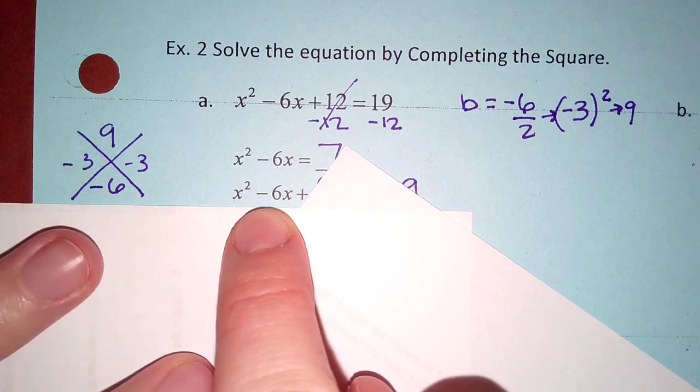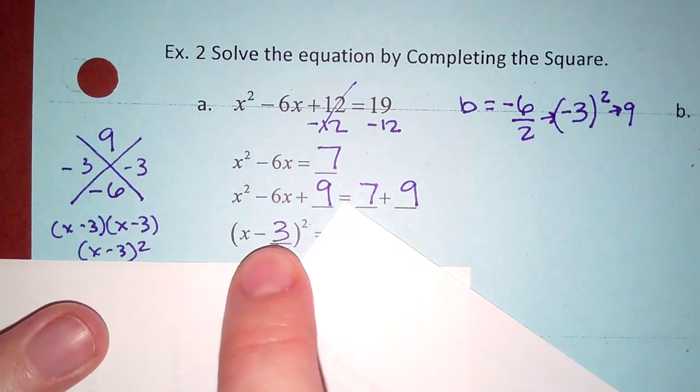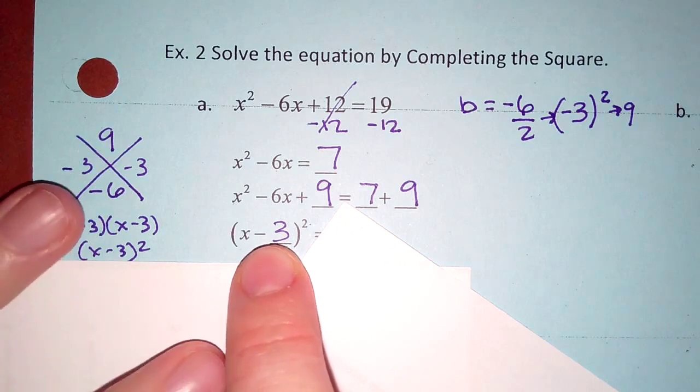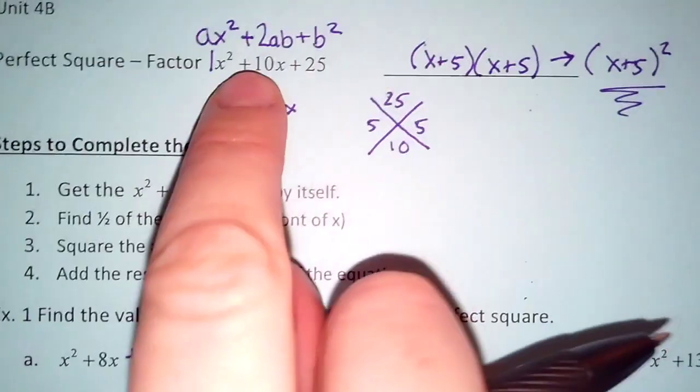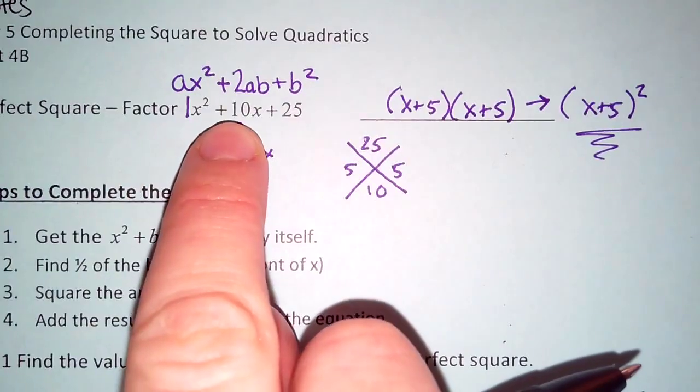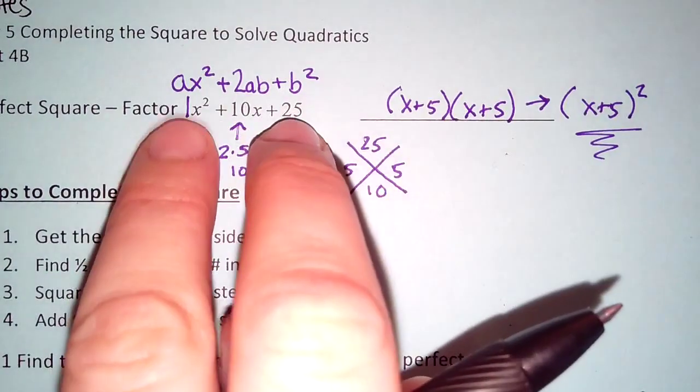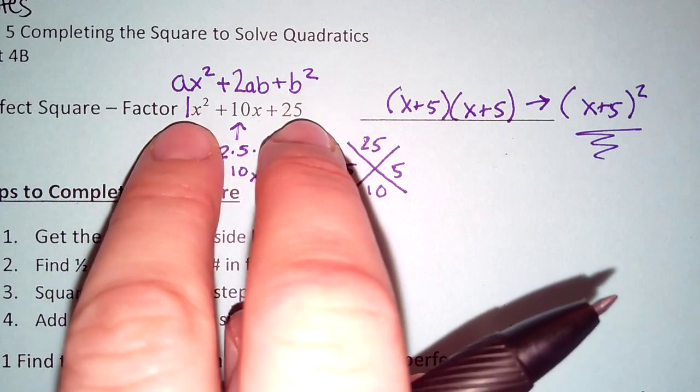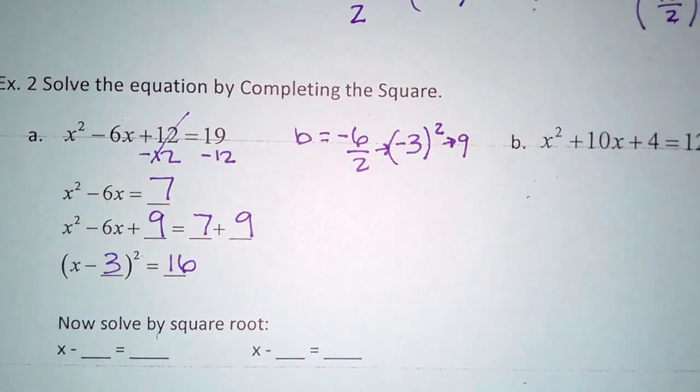What do we get? Negative 3 right there. You can just drop it in right there. Why does that work? It's because this middle term is half of the square root of these two. So it consistently works.